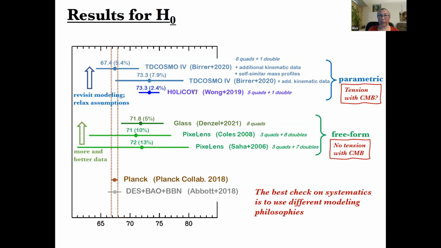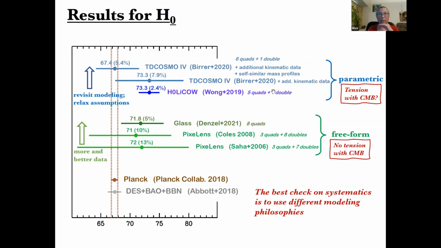About a year after the Holy Cow result appeared, the group revisited their modeling and relaxed their modeling assumptions somewhat. They dropped the strict constraints on the mass density profile, and instead they added kinematic data from a larger sample of galaxies.